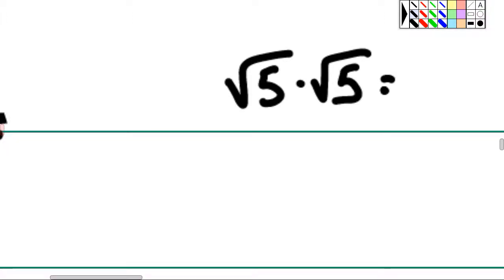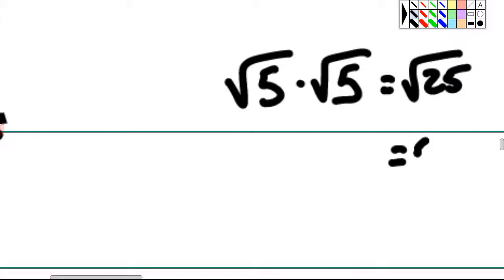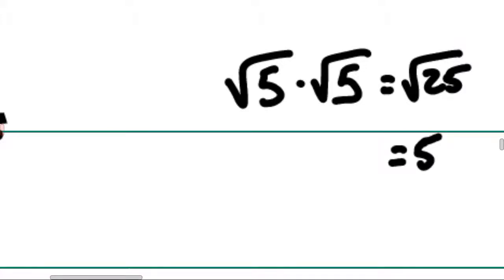Well, that's root 25 if we apply what we know about radicals, which is just a plain old 5. So it turns out anytime you got something under a radical times itself, you always get that radicand out. Okay? So it's something handy to know.